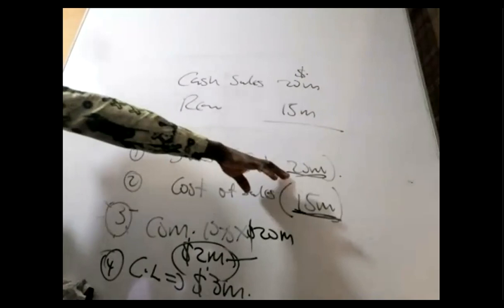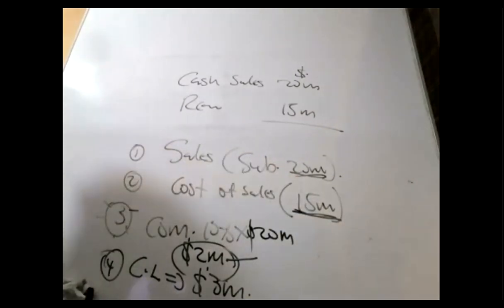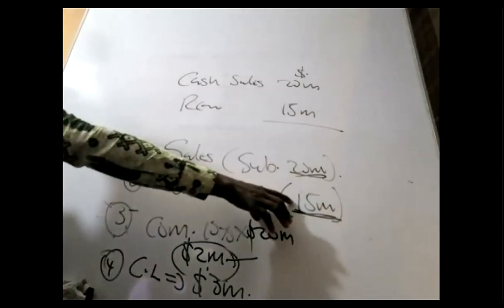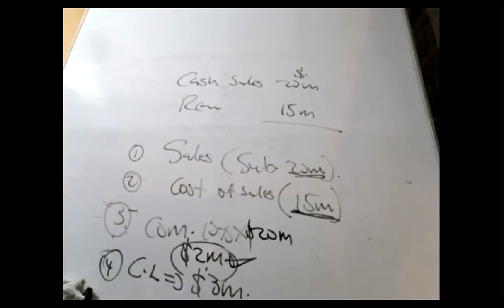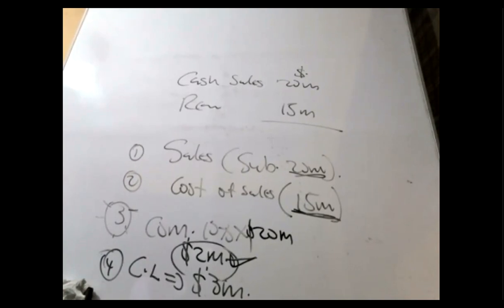Now you have subtracted 20 million from your sales, and then 15 million from your cost of sales. Good. You have reversed the entire transaction, and then you record your 2 million as revenue. That is all. 2 million as revenue, and put the 3 million in your current liability as a part that is owing. That's all for this particular note.